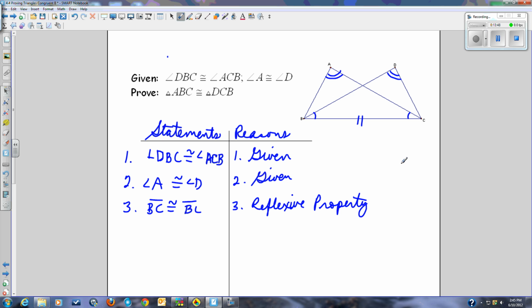So now let's see what we have. In each triangle we have an angle, and a side, an angle, and a side. So that's enough to prove that the triangles are congruent. So triangle ABC is congruent to triangle DCB by angle, side.